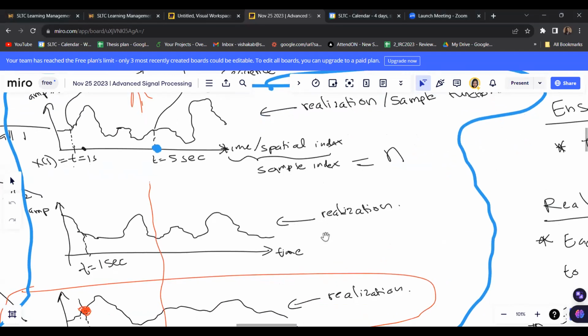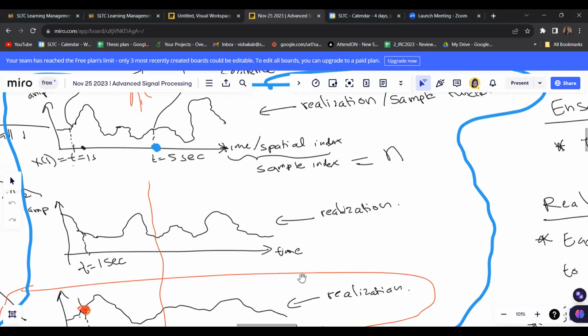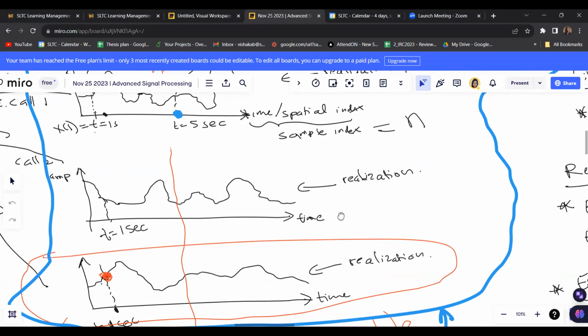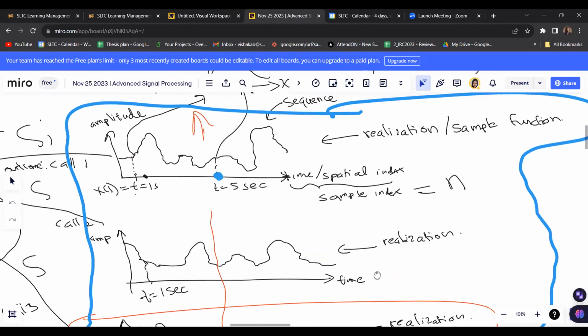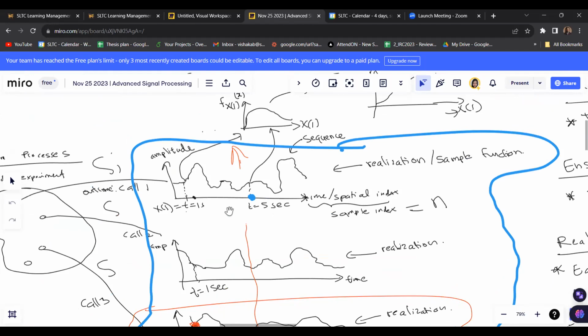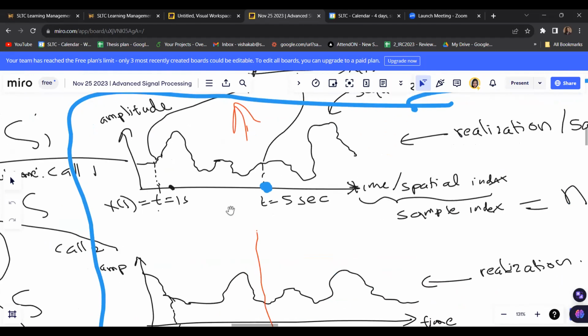When we take all the realizations that are possible, we call that the ensemble of the random process. The ensemble we normally study using time instances.